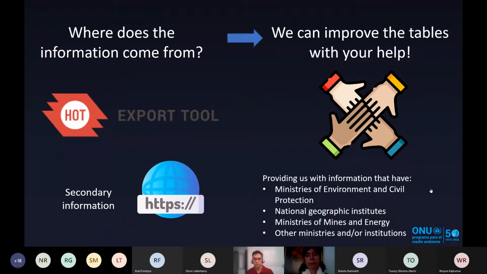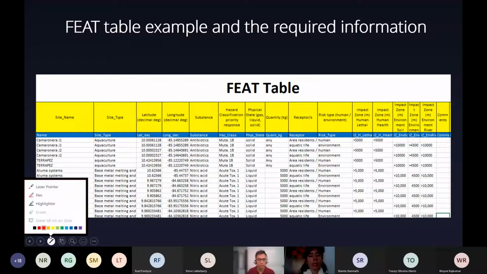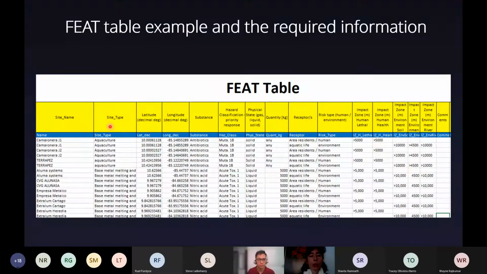Can you change the slide, Diego, please? So this is how the FEAT tables that we have so far look. Mainly we have the site name, in case we have it. Not all the time we have this kind of information, but the most important part is to know the latitude, the longitude, and also the site type.